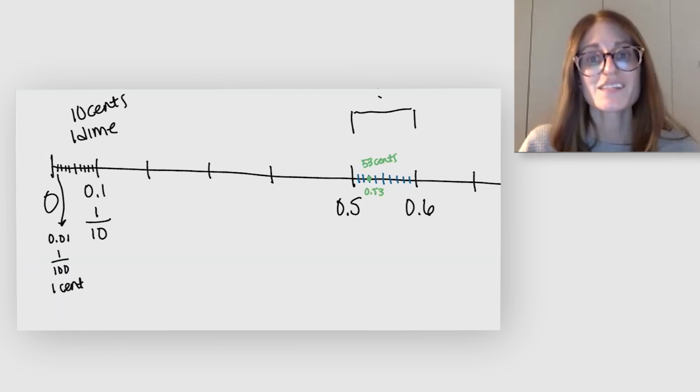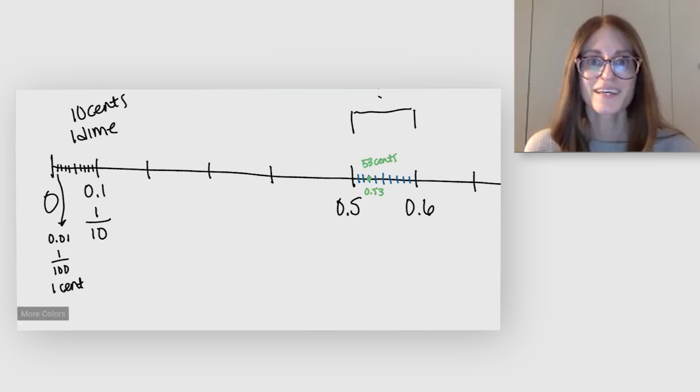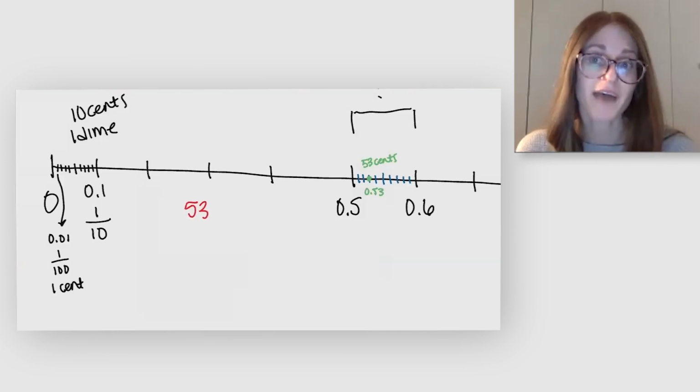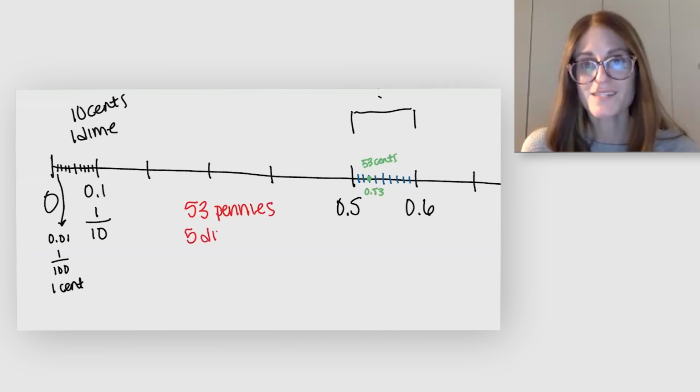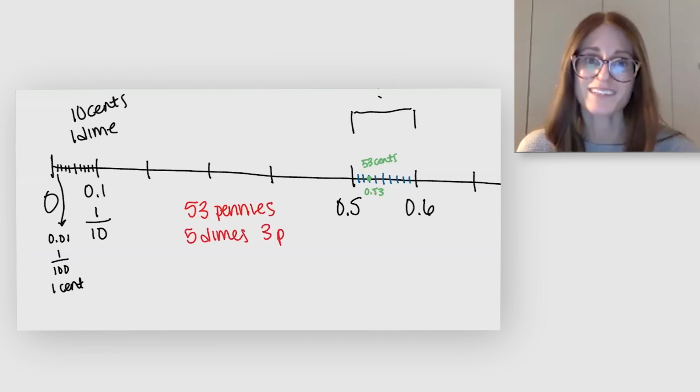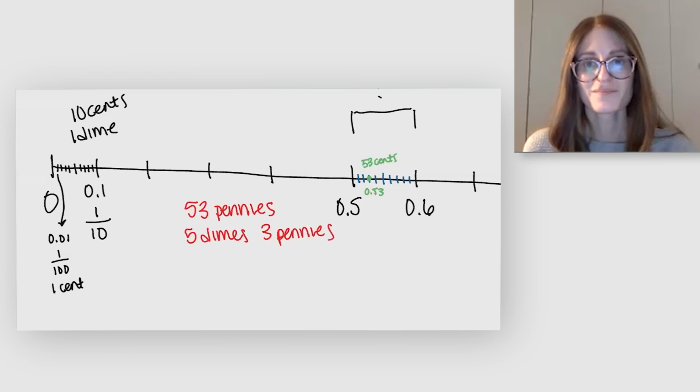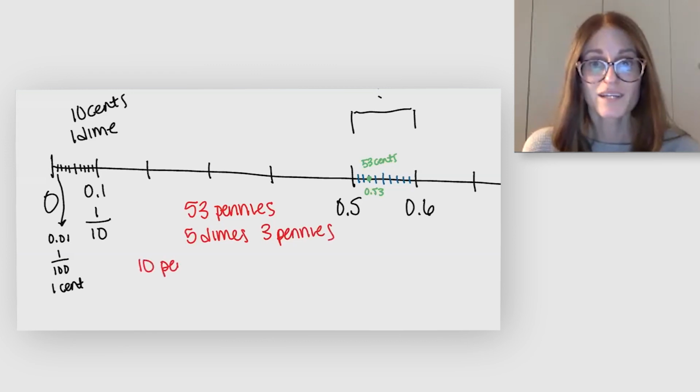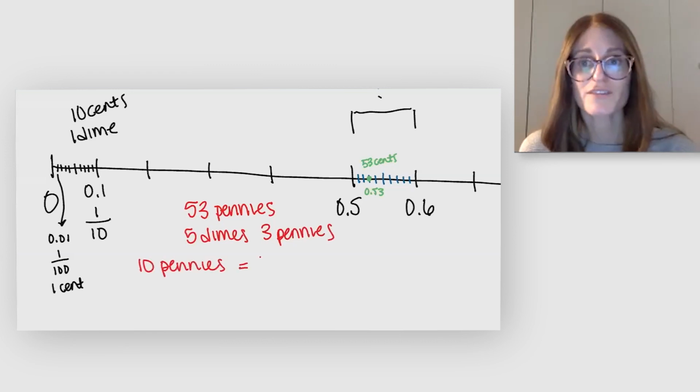Continuing to think of these numbers as coins can also help me see that there are multiple ways to visualize values like this. 53 cents could be 53 pennies, but it could also be 5 dimes and 3 pennies. That's because 10 pennies will always have the same value as 1 dime. Each penny represents 1/100th of a dollar.